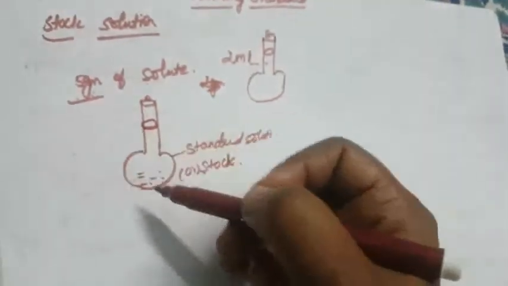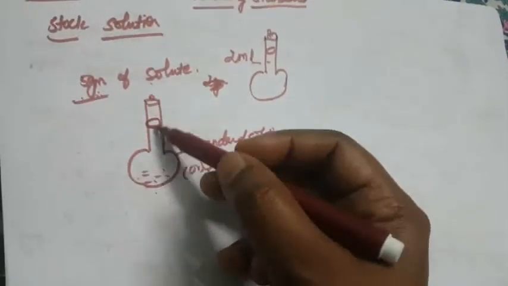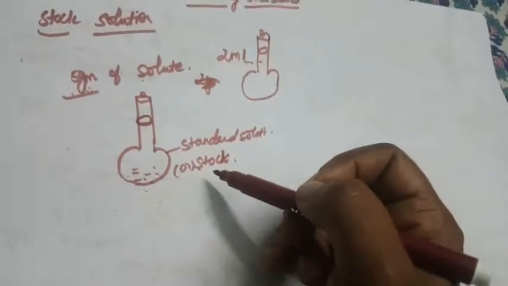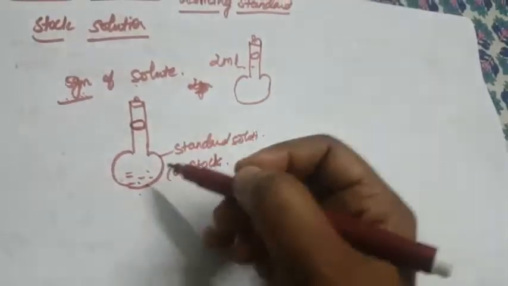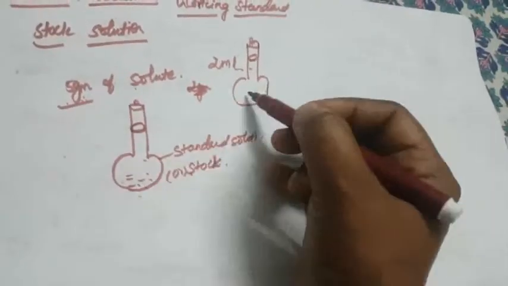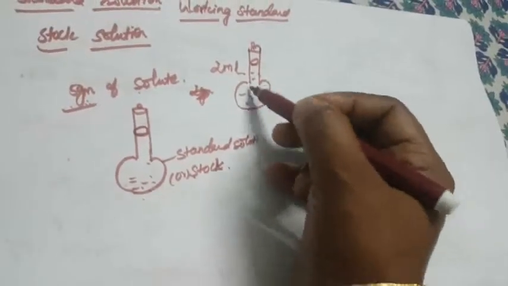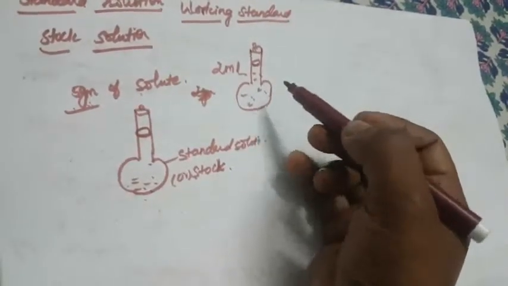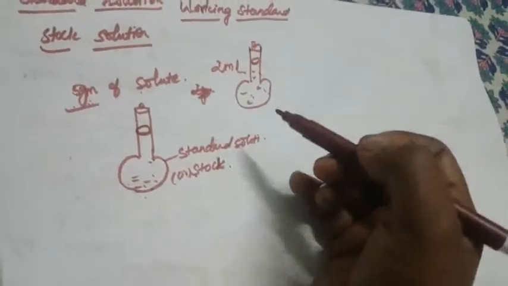For the standard solution, we take a known weight of 5 gram solute, dissolve it in water and make up to 100 ml; that is called stock solution or standard solution. Then we take 2 ml from this, add water again and make up to 100 ml, and at the time of the experiment we calculate its concentration.